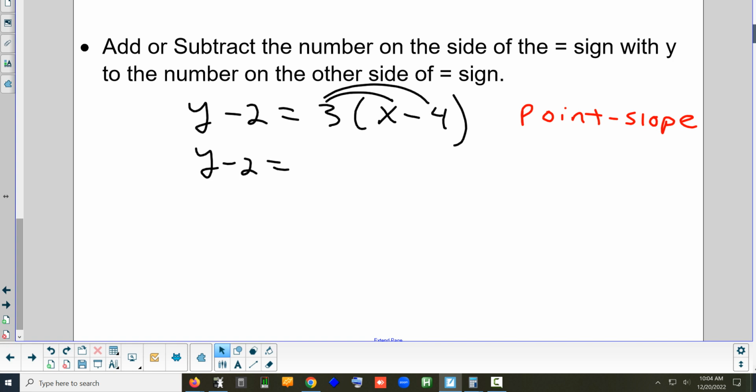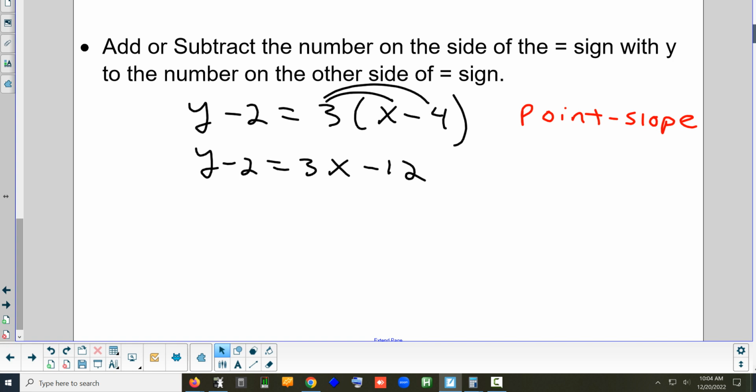If I distribute the 3, can anybody tell me what I get? So 3 times x, 3x. Okay. And can somebody else tell me what's 3 times negative 4? Yeah. Negative 12. Okay, so that's your first step.